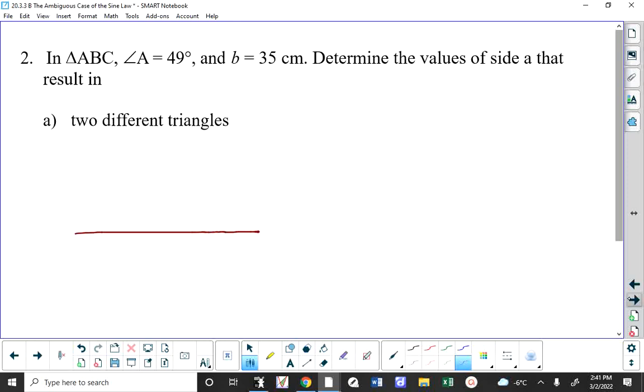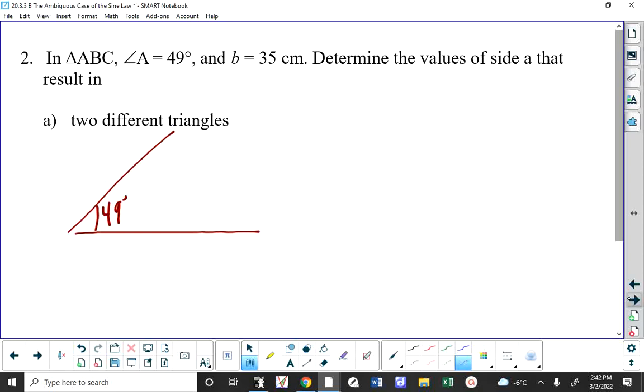This is 49 degrees. Side A is, oh, is this what your question 2 says? Okay, so determine the value of side A that would result in 2 different triangles.